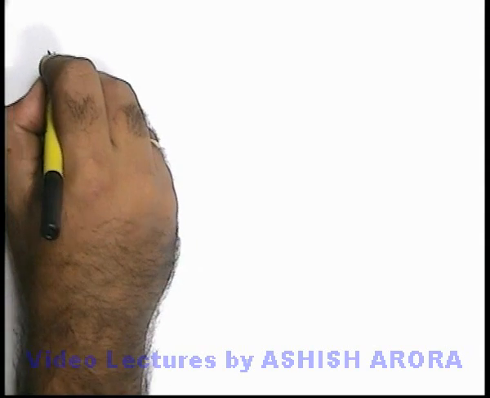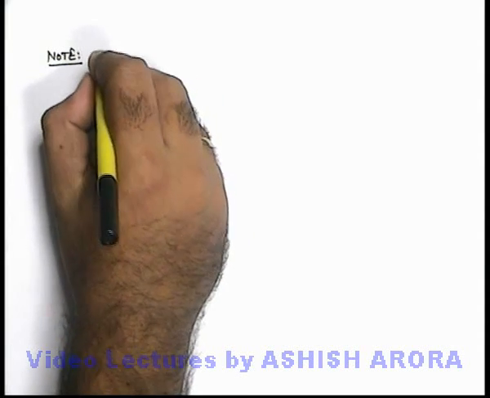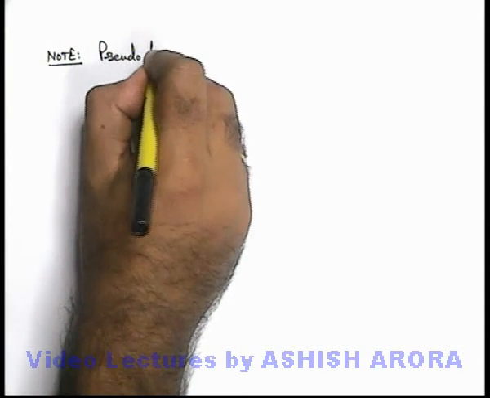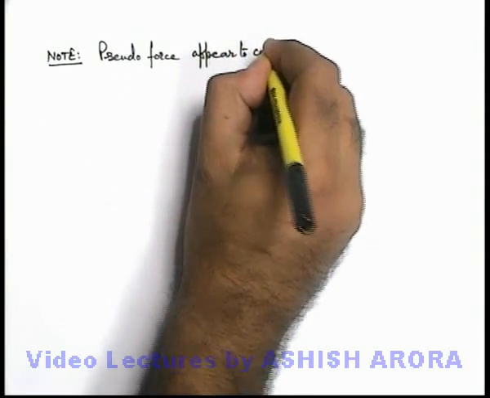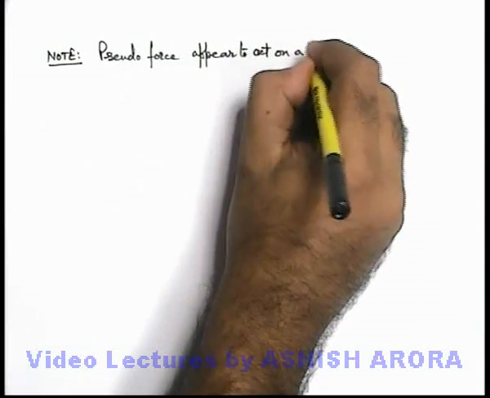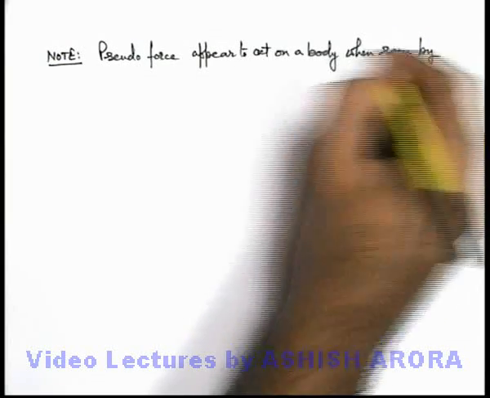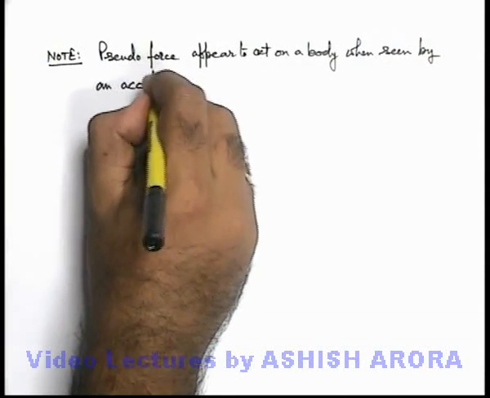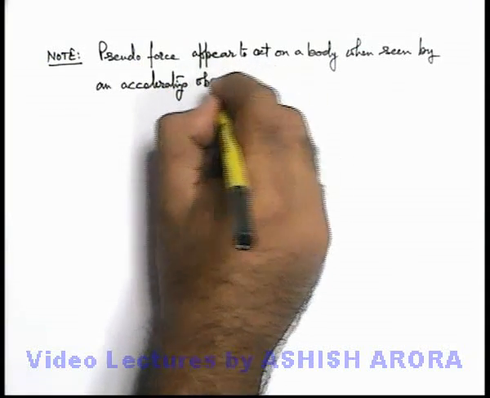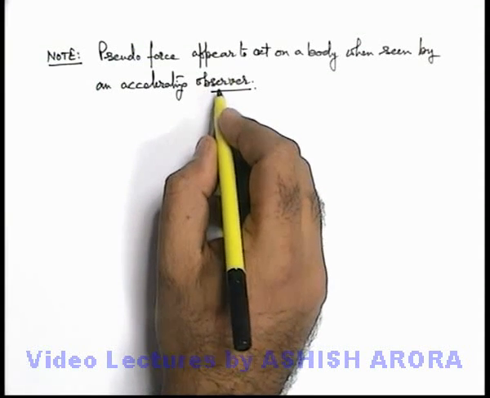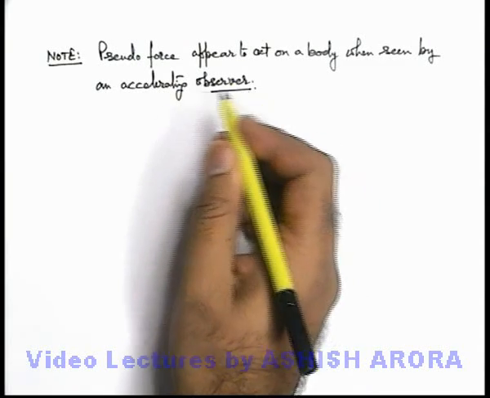First, we'll write down a note for the pseudo force, where we can simply write that pseudo force appears to act on a body when seen by an accelerating observer. Because if an observer is accelerating, he'll feel that other objects in its surrounding which are at rest will appear to accelerate in opposite direction.